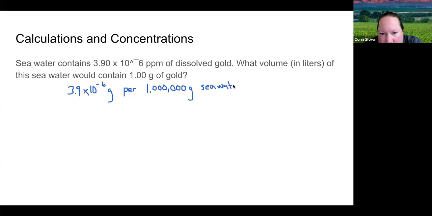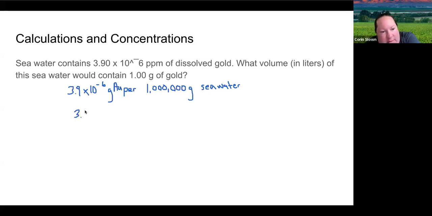And I'm going to use the symbol for gold, Au. So there's 3.9 times 10 to the negative 6 grams of Au per 1 million grams of seawater. Okay, so we're trying to figure out what the volume in liters would be if it was 1 gram of gold, so we're going to think about this ratio.